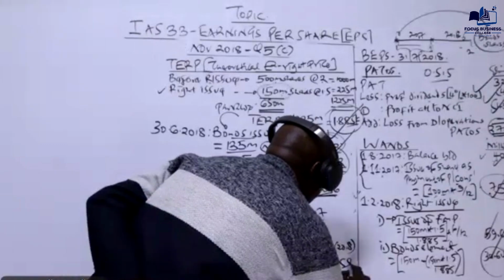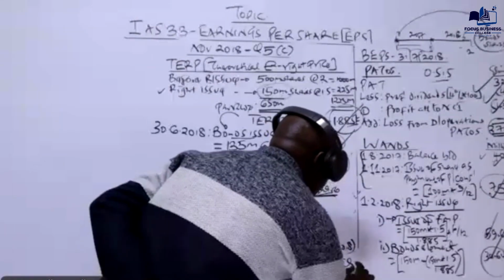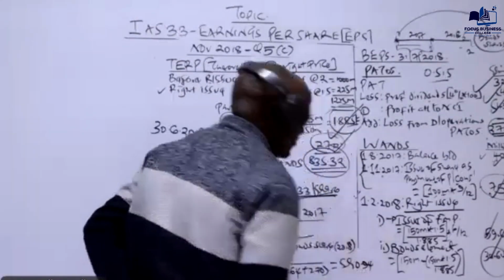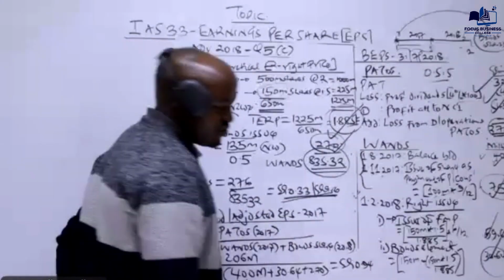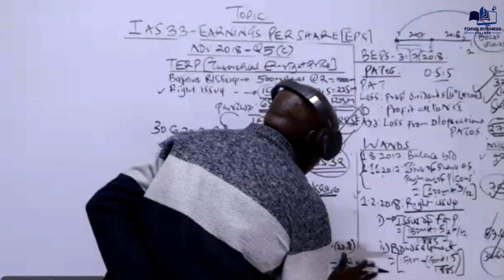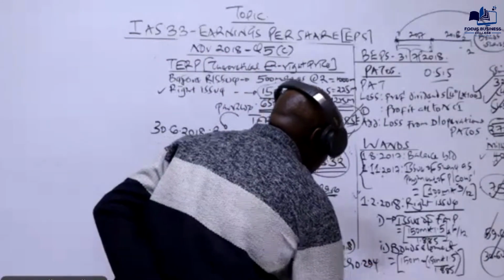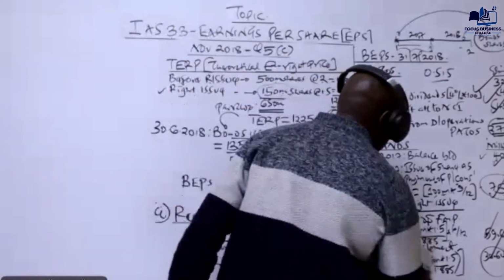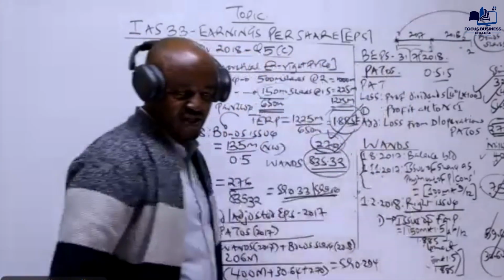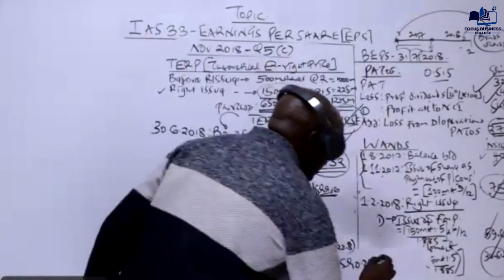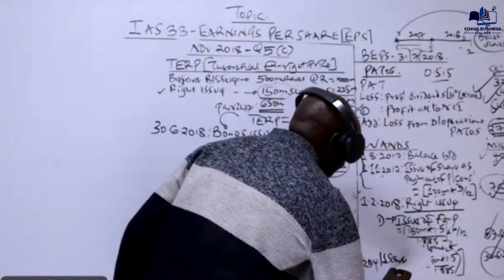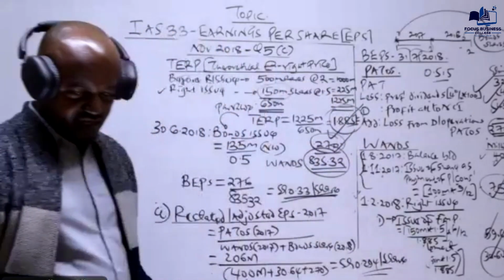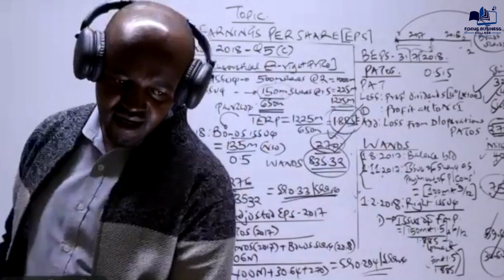For 2017, in this case, I'm given a figure of what? 0.94294 shillings per share. Is that what you're getting? That is the figure I'm getting from Gilbert there.